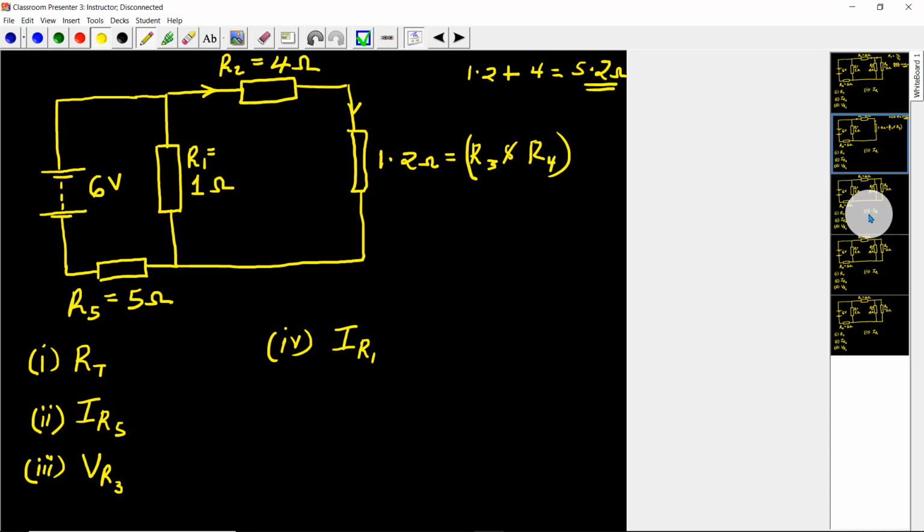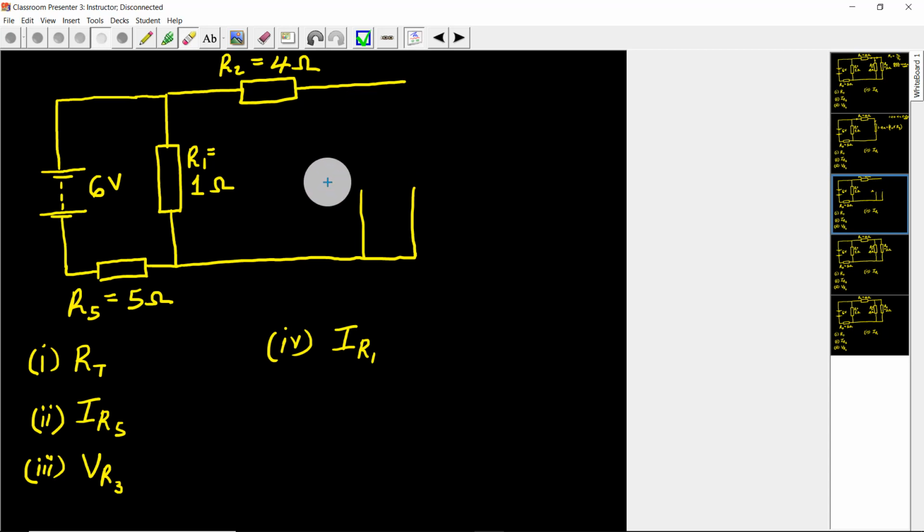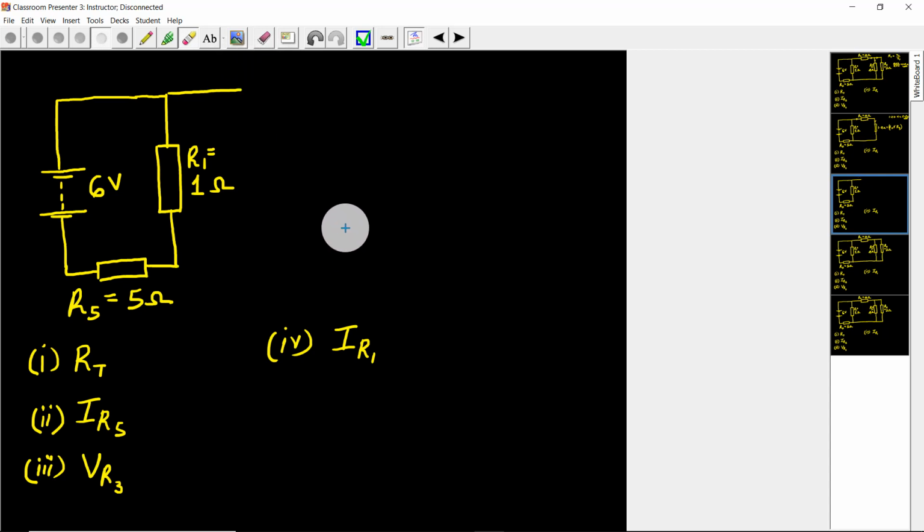So in the next one, I'm going to remove this resistor, the 4 ohm resistor, remove it, so that now I have one single resistor of 5.2 ohms connected here.